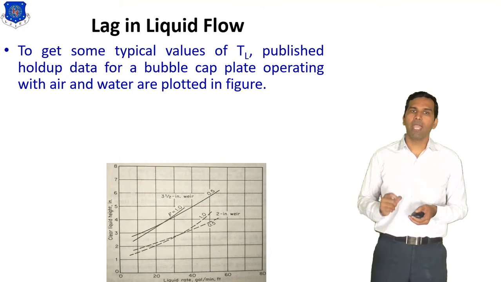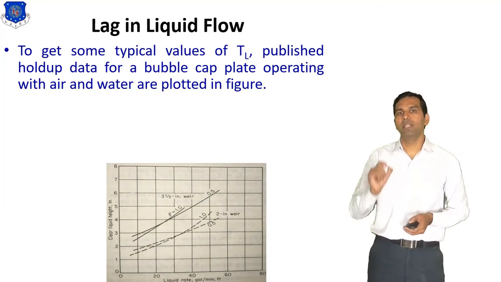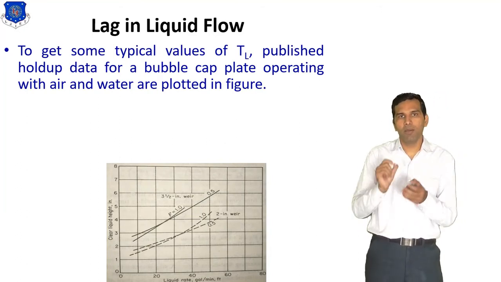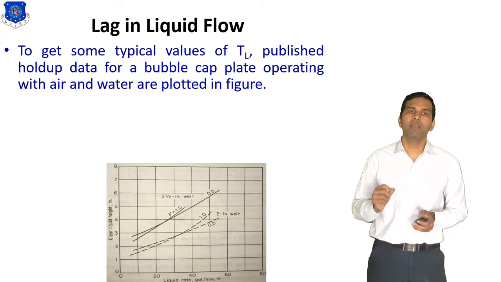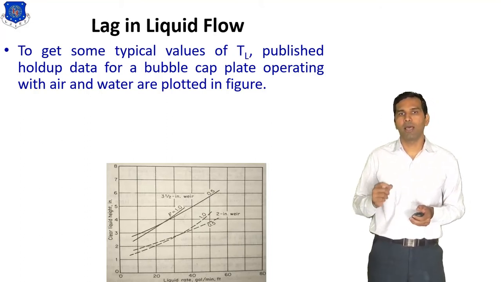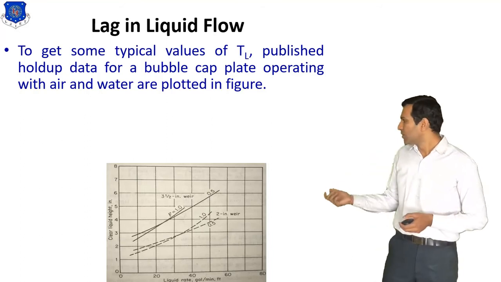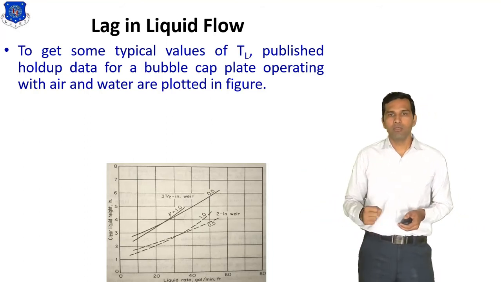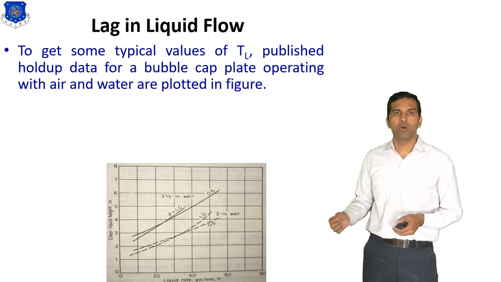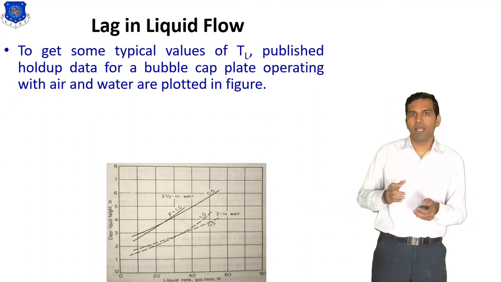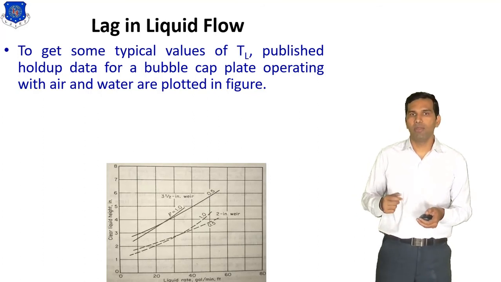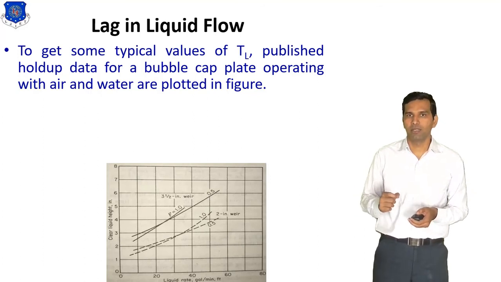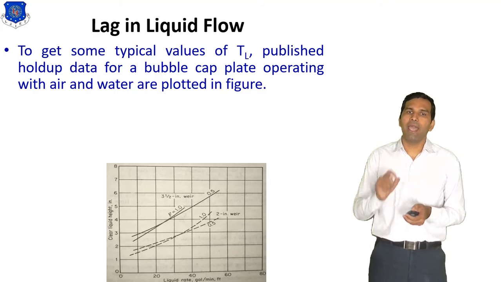Now to get some typical value of TL, published holdup data for the bubble cap plate operating with air and water are plotted in the figure. By using this graph, we get typical values of TL.